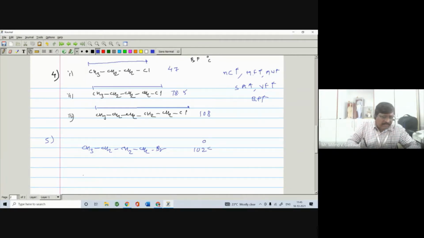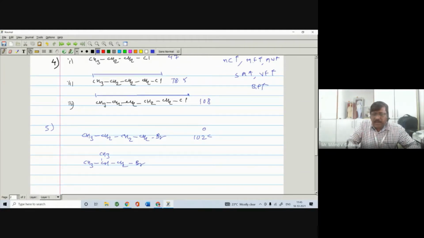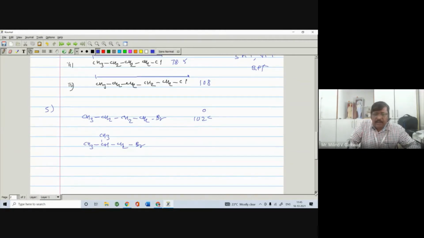And if you increase the branching of the methyl, here is CH3, here is the CH, here is CH3, and here is CH2 and Br. Both have the same number of carbon atoms, same molecular formula, same molecular weight, but the boiling point of the second one is found to be 91, isobutyl bromide, while n-butyl bromide is 102.